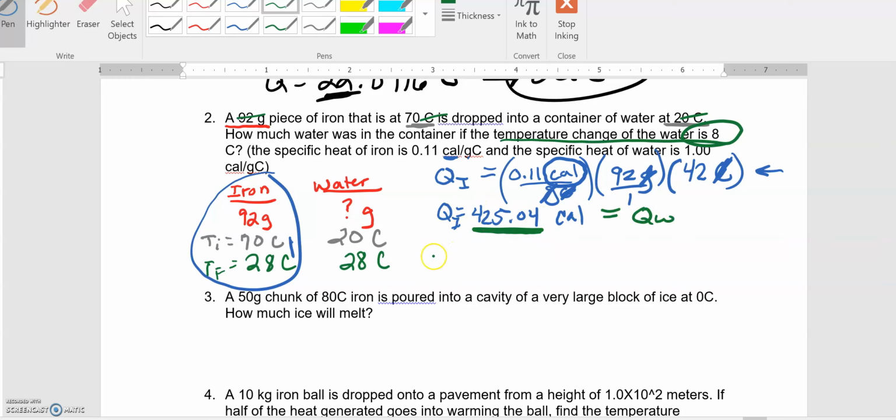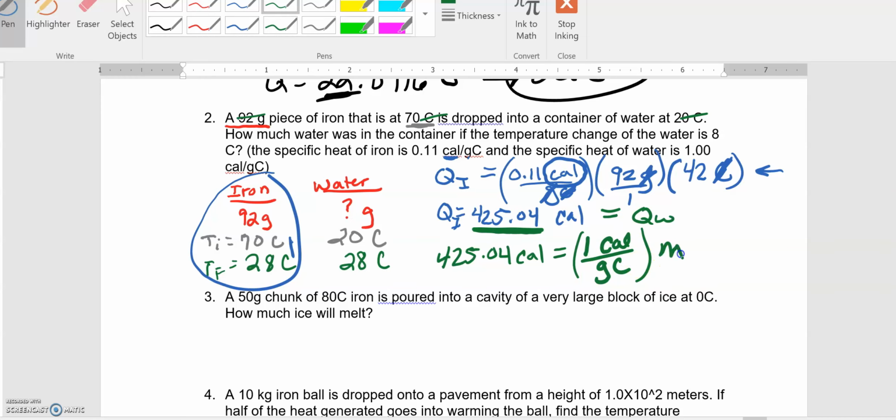So I'm going to start with my 425.04 calories is equal to, and again, I'm using that same formula from above, which says I need to take my specific heat. You'll notice up here the specific heat of water is 1 calorie per gram Celsius. So I'm going to have 1 calorie.